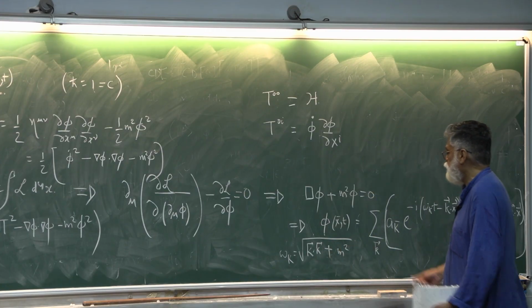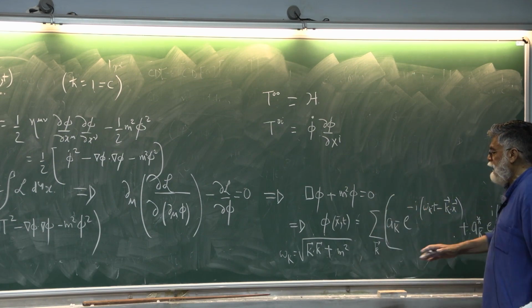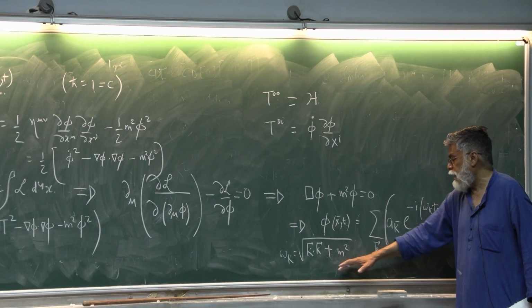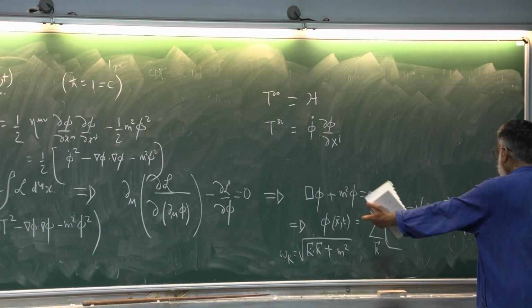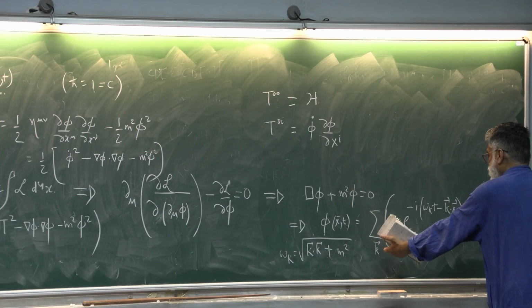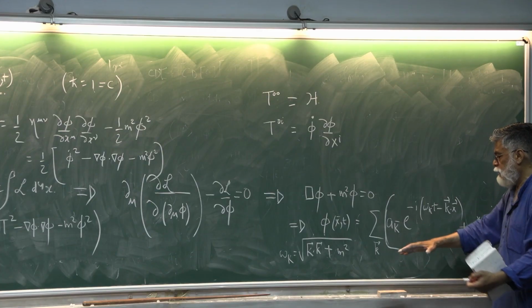It's very easy. Just apply this box operator on this. You'll find that if omega_k is the square root of mod k square plus m square, then remember k is being summed over, that means each mode is a solution.